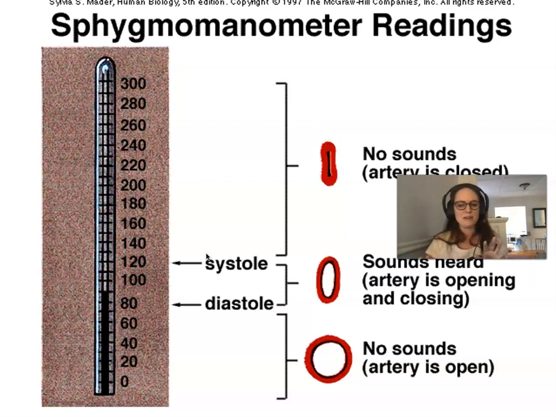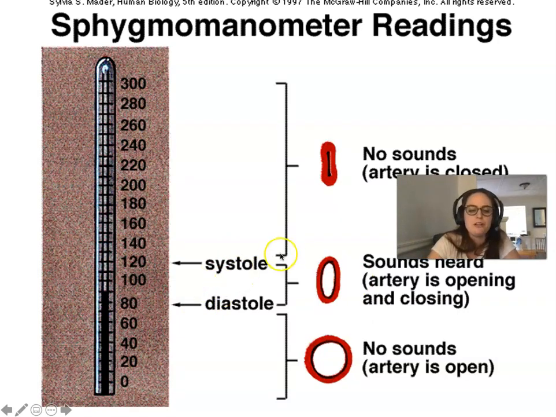Again, it doesn't really sound like sloshing, but that's what it actually is. So again, closed, no sound. Opening, turbulent flow, sloshing. All the way open, the fluid is going through effortlessly. It's not blocked at all, so there's no additional sounds. There's no special sloshing Korotkoff sounds.